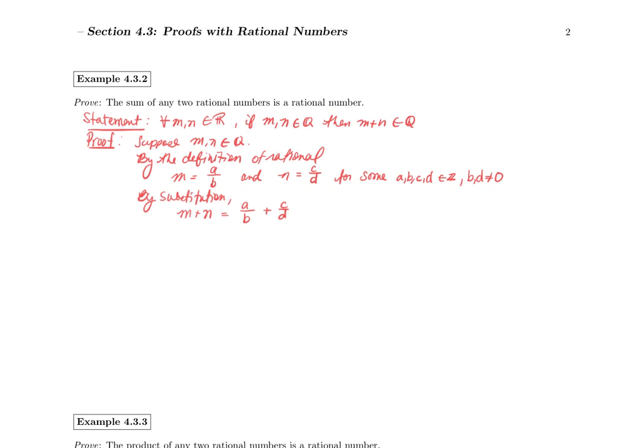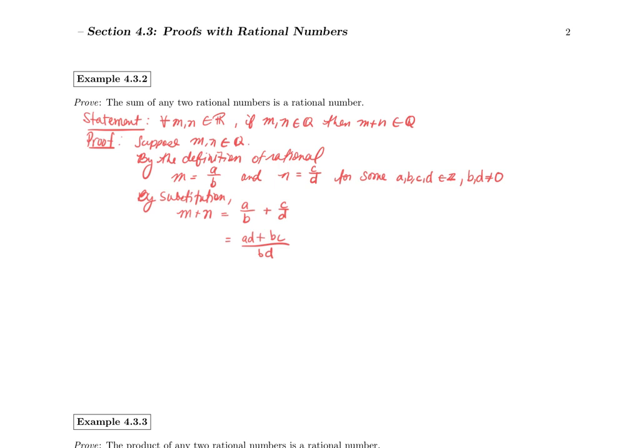So we need to find their common denominator, which would be b times d. When we put together our two fractions, we would end up with a times d plus b times c all over b times d.